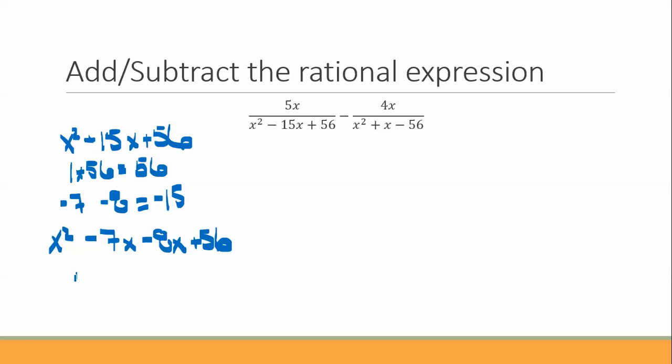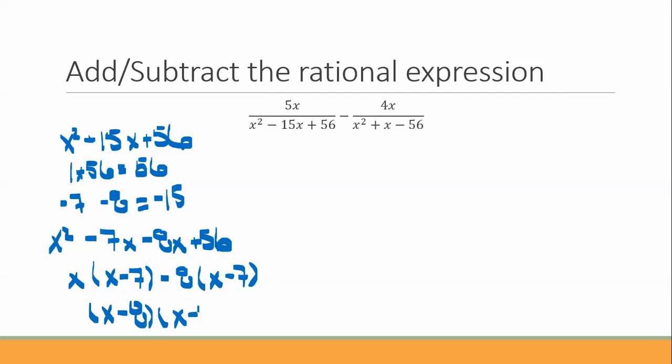We can factor x out of the first two terms and get x minus 7. Factor minus 8 out of the second two terms and have x minus 7. And then we combine like terms and we have x minus 8 and x minus 7.